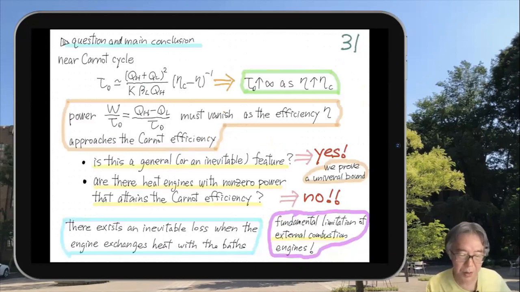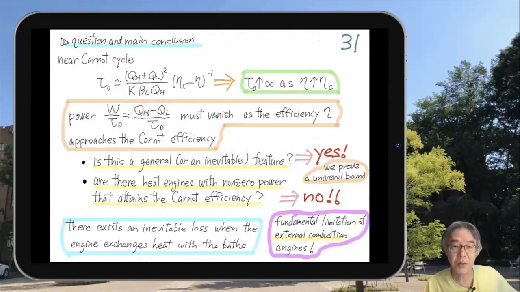So this is the question and the main conclusion. We observe that as efficiency eta approaches the Carnot efficiency, this tau naught diverges. This means that power must vanish, because these are finite and this diverges.